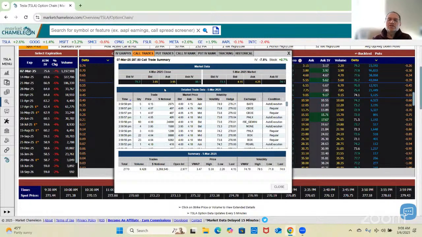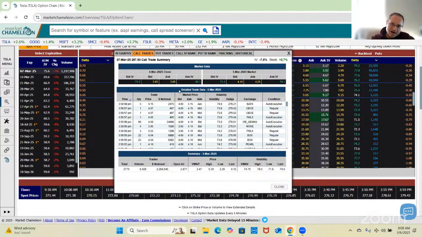We also see that the implied volatility of the bid was 79.2, and the implied volatility of the ask price is 80.1. So you have different prices, the implied volatility is different, right? The higher the price, the higher the implied volatility. So we could see the traders were willing to buy at 79.2 volatility, willing to sell at 80.1 volatility.